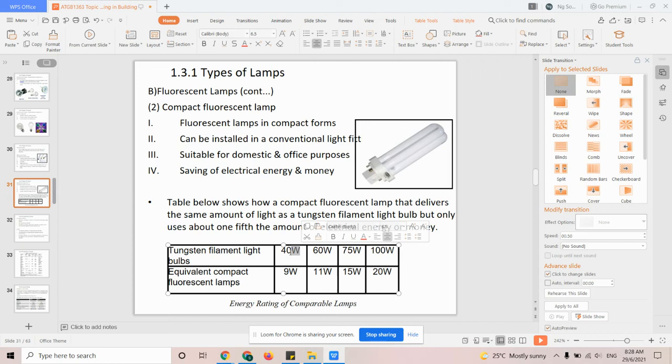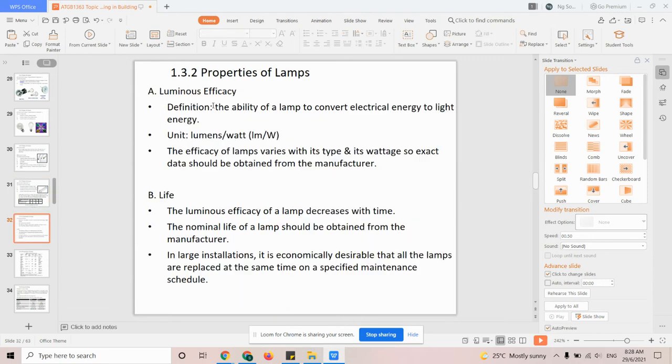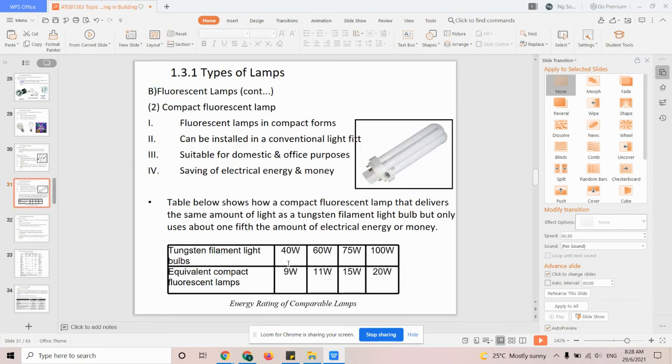When it comes to efficiency, or how good the light is at converting energy to lighting, we want to take note of the luminous efficiency. Meaning we want a light that does not eat so much energy, but is still able to produce the same amount of lighting as our traditional lighting.